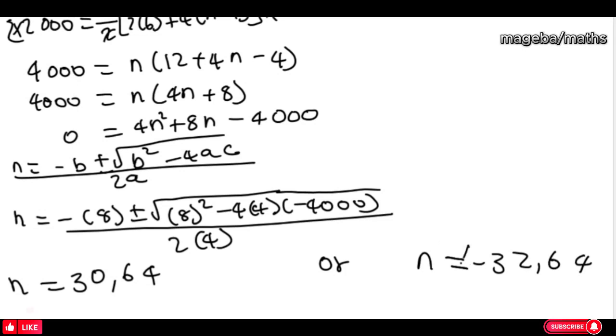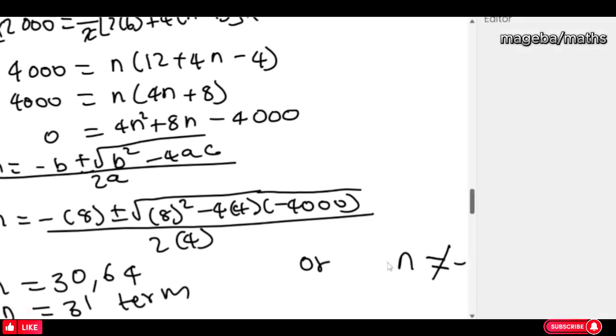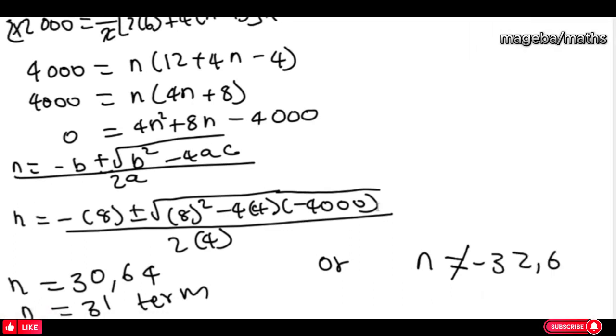Remember, n can't be negative, so for the least number of terms, we can round off this to the whole number and get 31 terms. This is the least number of terms that we can get.